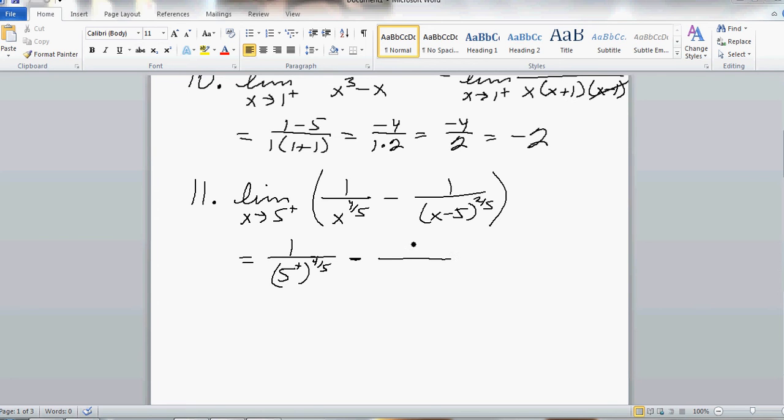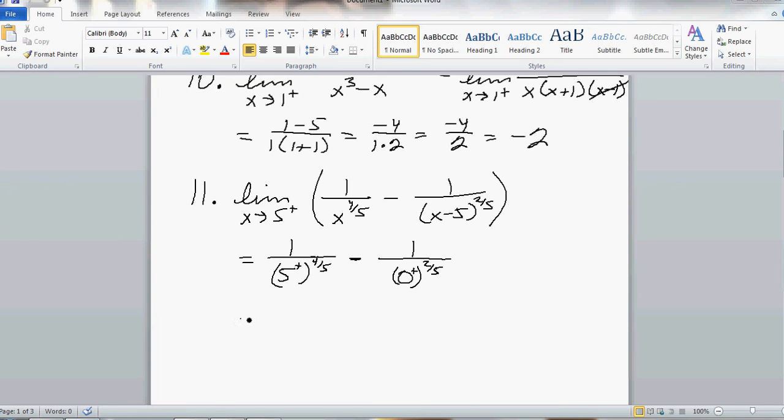And then here we get 1 over, okay, now if I plug in 5 minus 5, that's going to give me my 0, and that's where the problem is. However, we look at this: x is a little bit bigger than 5 because we're coming in from the right. So just slightly bigger than 5, minus 5, is slightly bigger than 0. So it's just slightly bigger than 0 going to the 2/5 power.